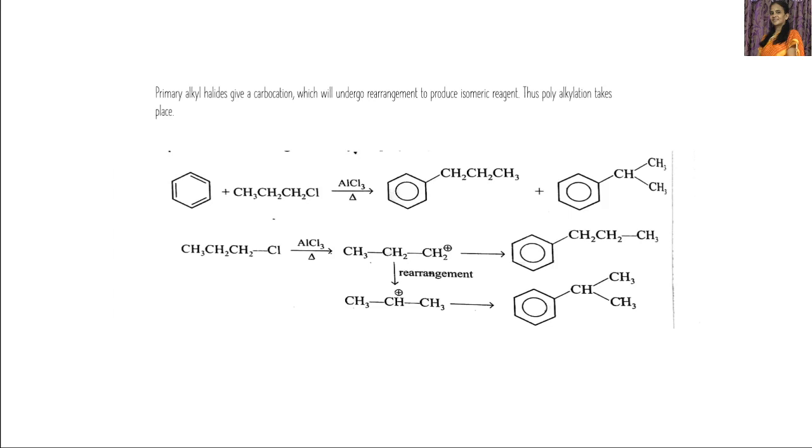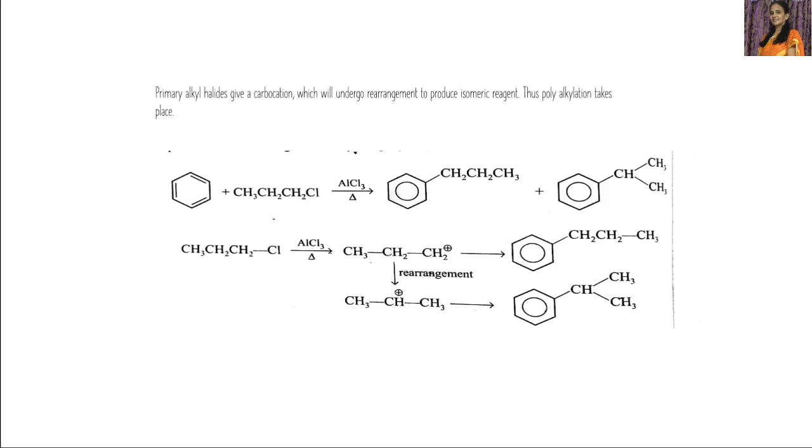If this primary carbocation goes and attacks this benzene ring, we will get this product. If this one goes and attacks the benzene ring, this is the product obtained.